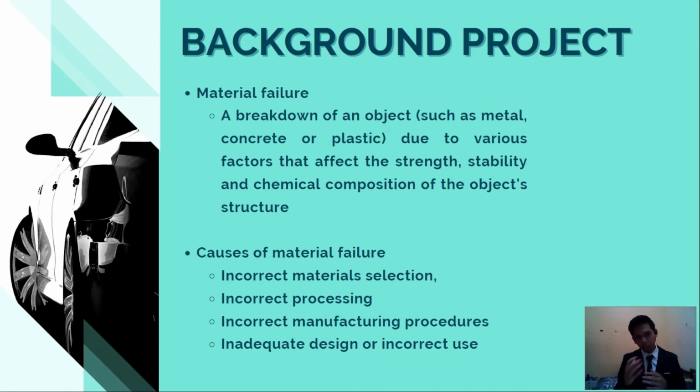Material failure is a breakdown of an object such as metal, concrete or plastic due to various factors that affect the strength, stability and chemical composition of the object structure. And what are the causes of material failure? The causes of material failure are incorrect material selection, incorrect processing, incorrect manufacturing procedures, inadequate design or incorrect use.